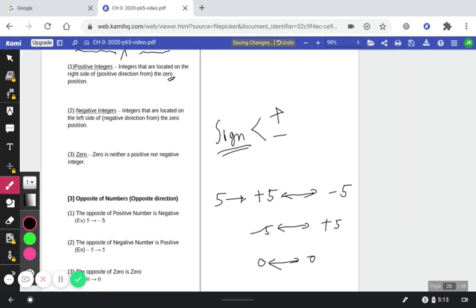If you mean to say sign, this one is positive and the other one is negative. So this sign is positive and the other sign is negative, we call it.